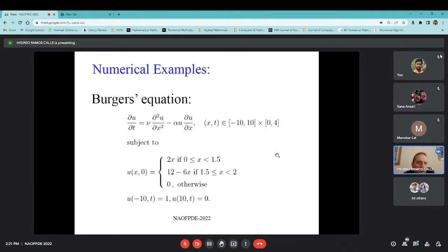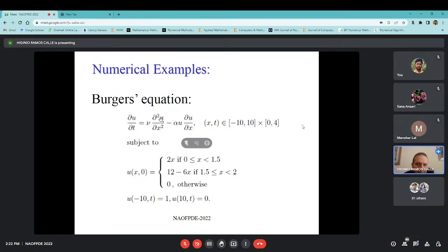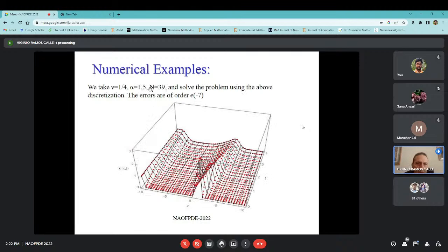We can use this approach also for solving this equation. In this case, this is a Burgers' equation. This is a nonlinear PDE. We have the u here, also the first derivative and the second derivative. So these are the boundary and the initial conditions. We solve this problem taking, in this case, n equals 39.